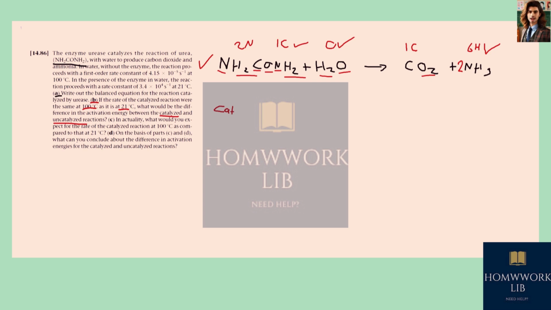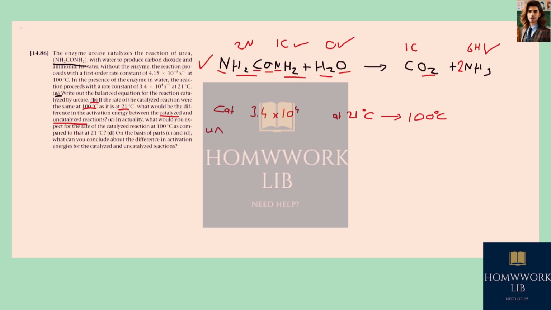Catalyzed is 3.4 times 10 to the power of 4 at 21 Celsius. But this question says it's going to be the same at 100 too. So I'm just going to write 100 Celsius over here.